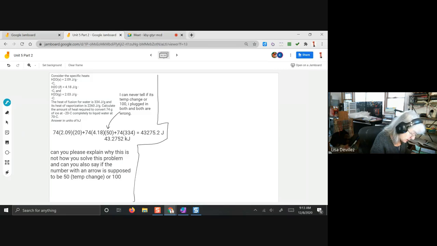Okay, so it's given us specific heats. All right, so again, let's just pull this out, put it on our table here. So we have solid. All right, so this one's slightly different, 2.09 joules per gram degrees Celsius, and then 4.18 joules per gram degrees Celsius.